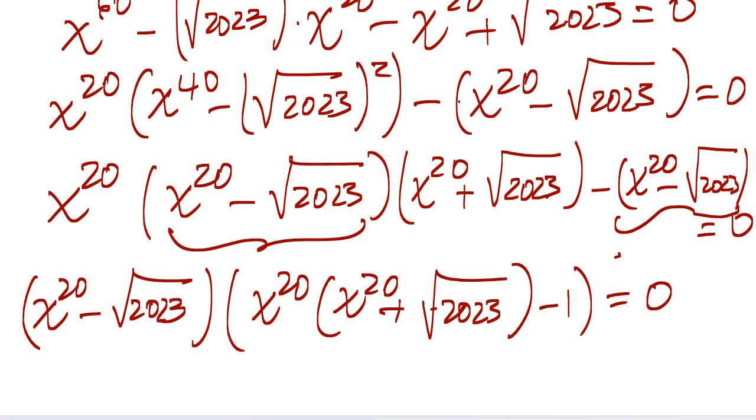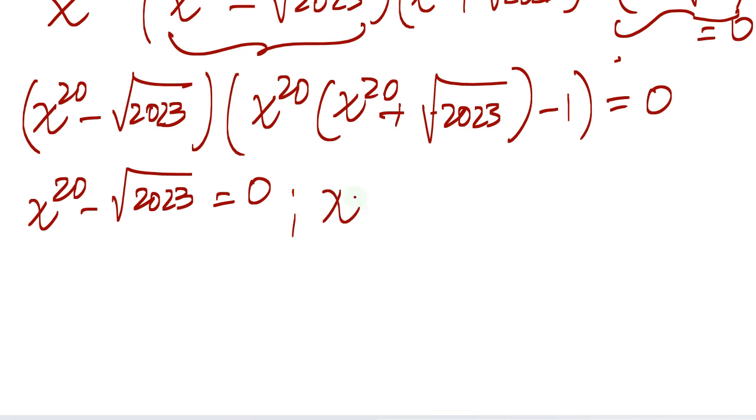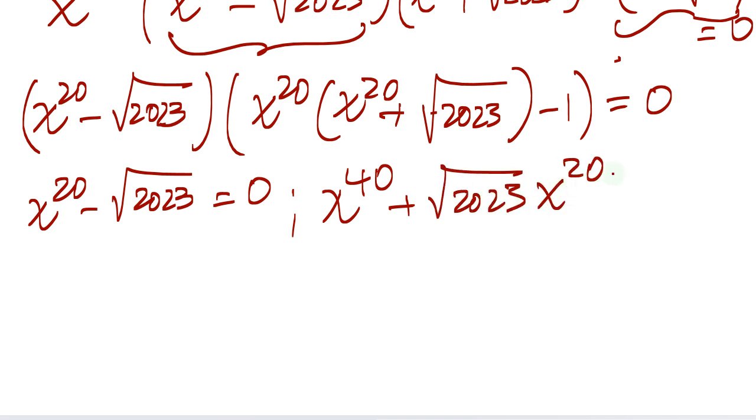Equals 0. So now we have that x to the 20 minus square root of 2023 is equal to 0, and, multiplying this one here, we're gonna have x to the 40 plus square root of 2023 x to the 20, and then minus 1, equal to 0.